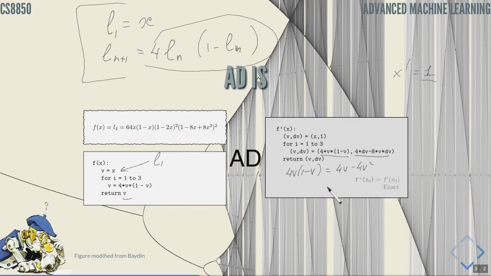The derivative of this with respect to v is nothing but 4 dv. Remember the differential. Now we need it as 4 dv minus 8v dv. So that's what is happening. The dv, or this differential that we brought, we just plug in here. And also we plug in the value of x that we started with.